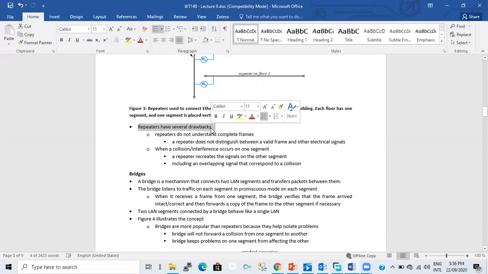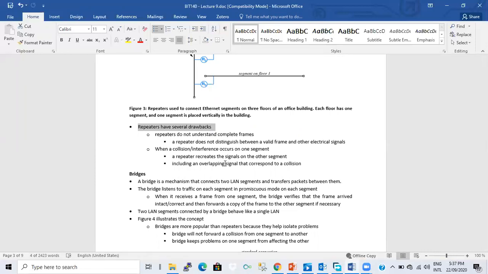But we should know that repeaters also have drawbacks or disadvantages. We said repeaters do not understand anything to do with frames. They don't know where a frame is coming from or where it's going. All they will do is, something is coming from this cable, send it to the other cable. So a repeater does not distinguish between a valid frame and other electric signals. When a collision or interference occurs on one segment, a repeater will still retransmit it on the other segment.